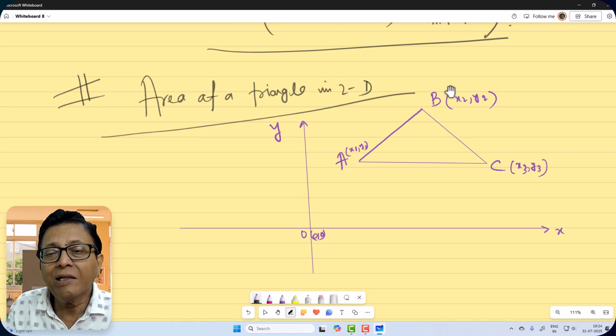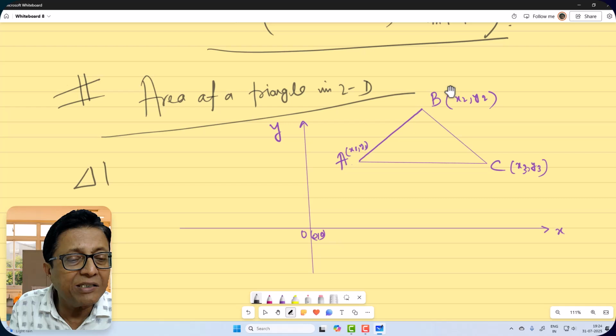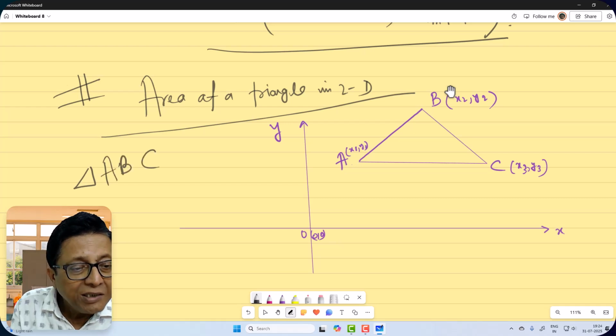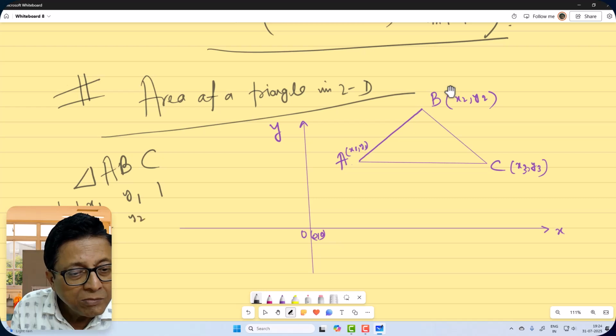We have to find the area of triangle ABC. This we are going to prove in this form, which is known as a determinant.